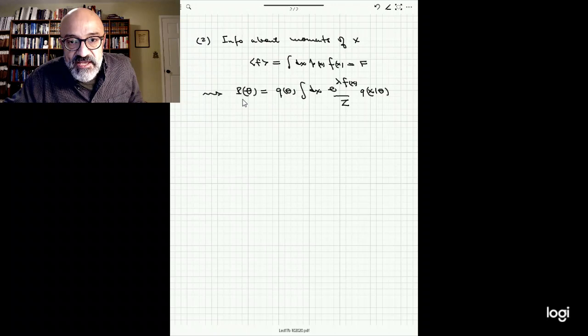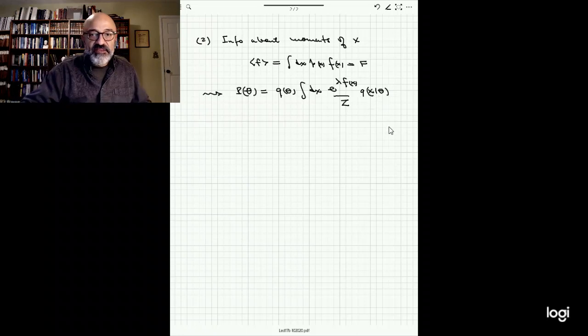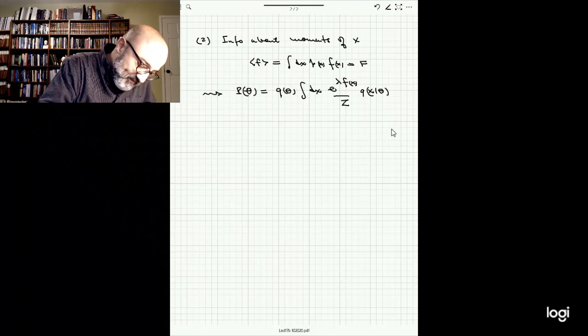So once again, you can see that the structure of this formula is very much like Bayes' theorem. You have a prior, you have a probability distribution about what this variable x is, and then you have a relation between x and theta. So that's another possible generalization.